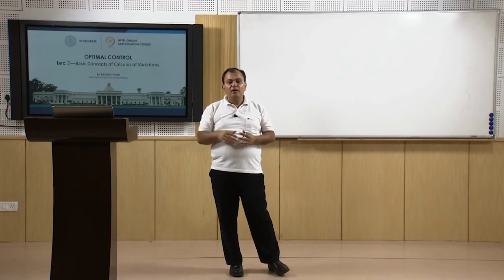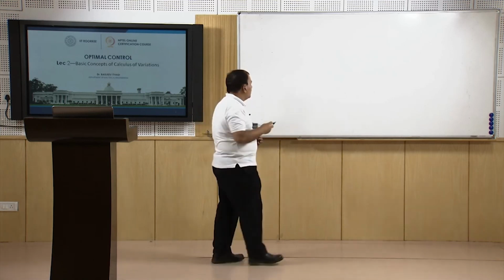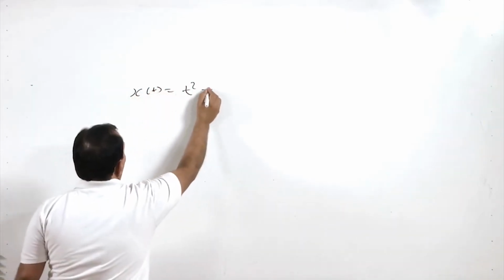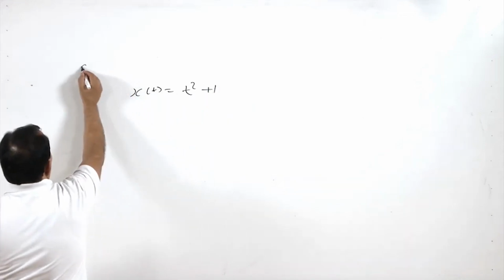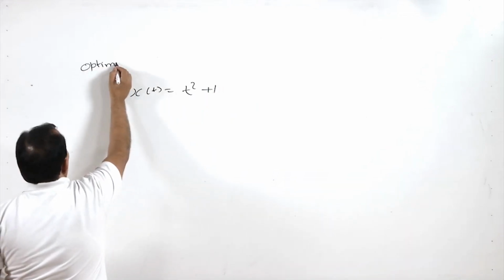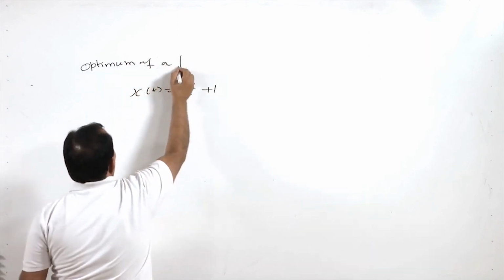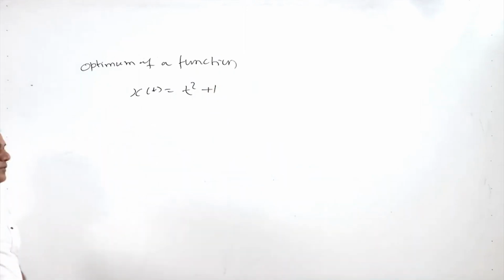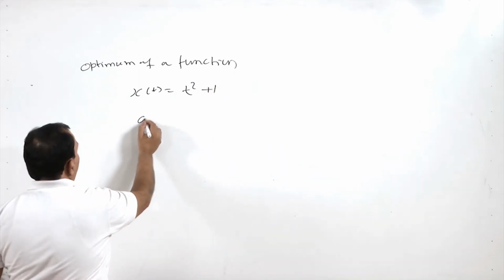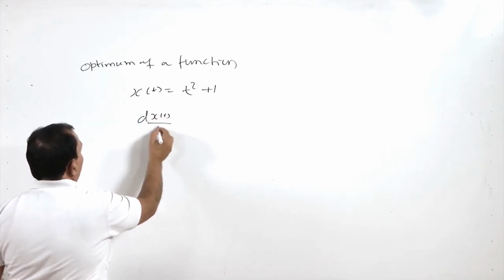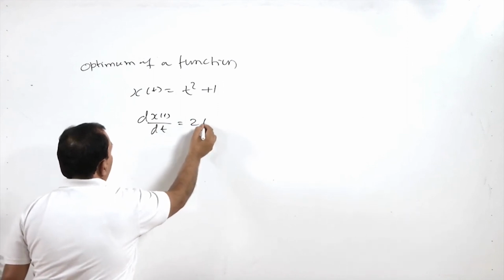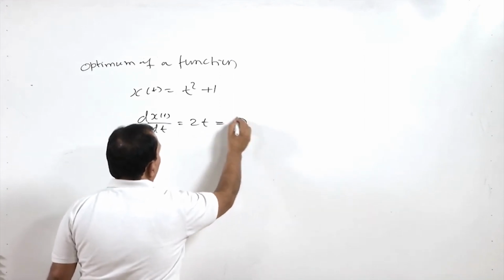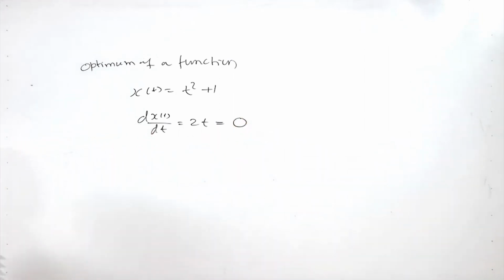To find out the optimal value of a function, say x t is equal to t square plus 1. I know how to get the optimal value of this. I take dx t by dt, which is 2t, and I equate it to 0.